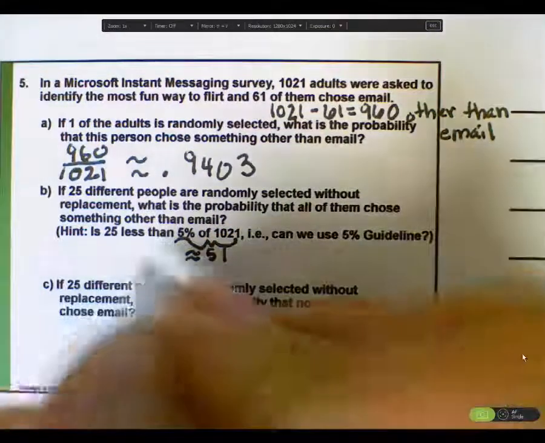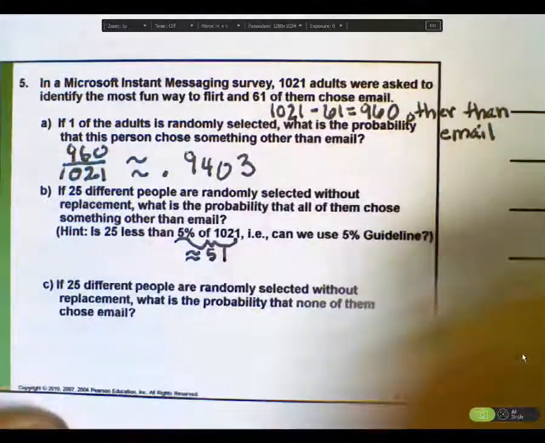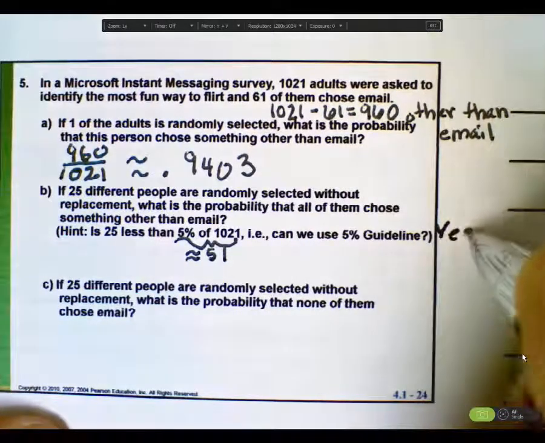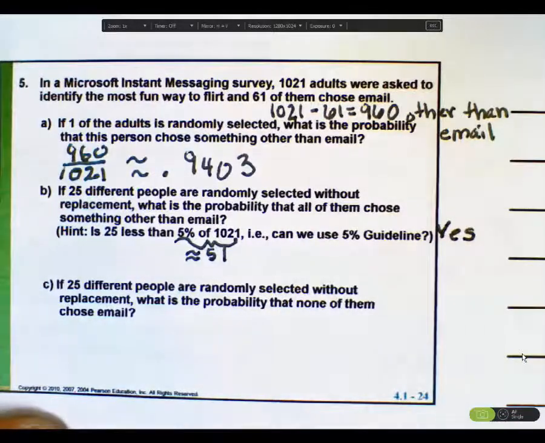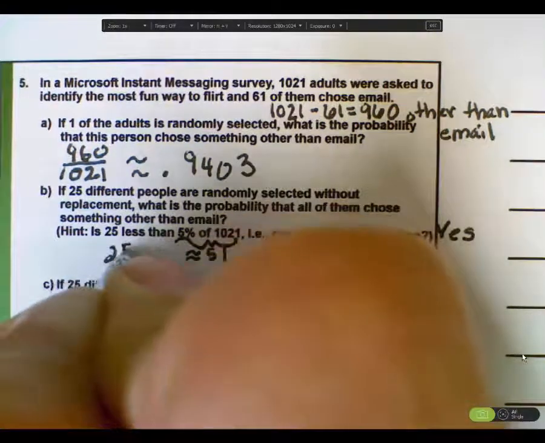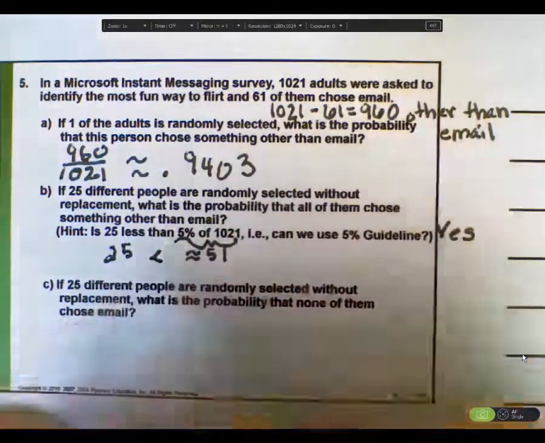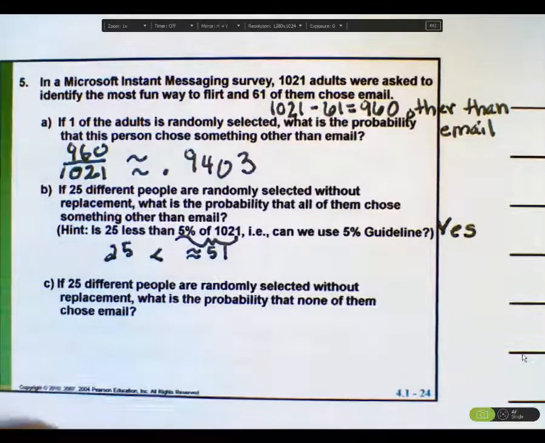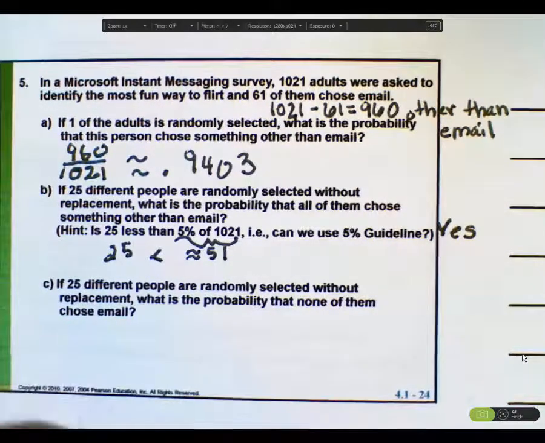And so, yes, our sample size is much less than that. And so we can use the 5% guideline and not have to multiply 25 fractions together.